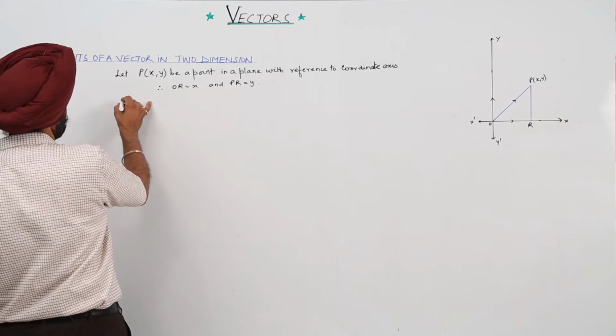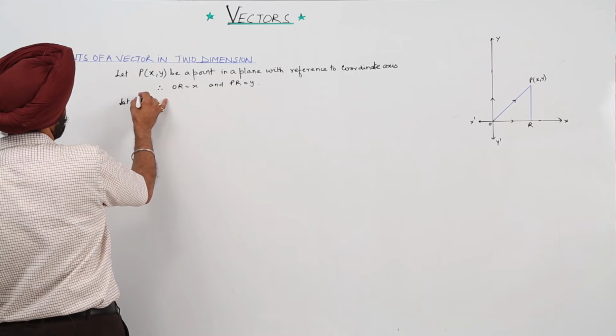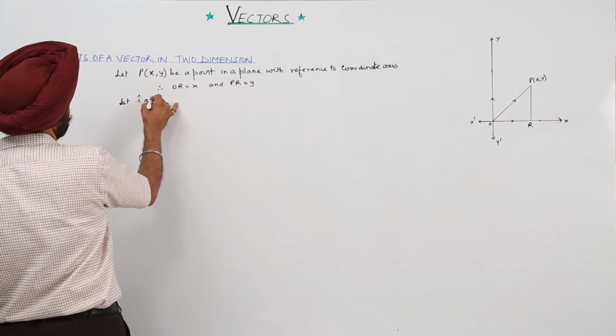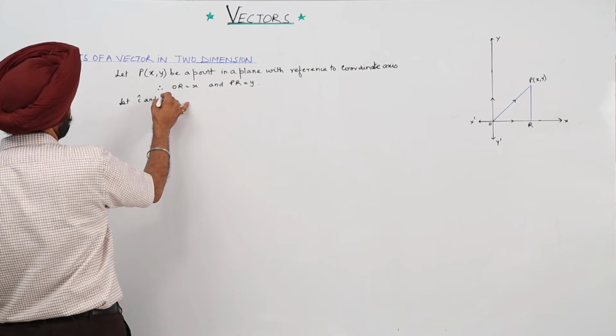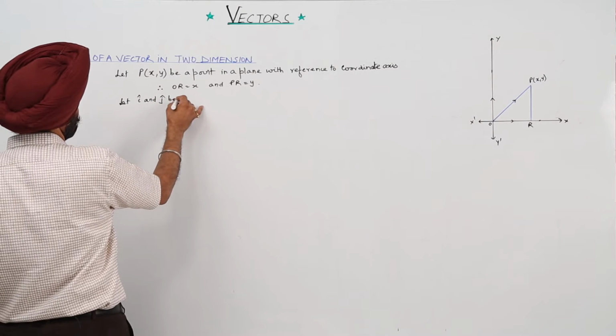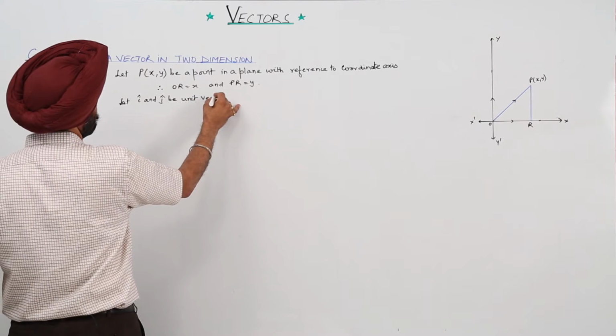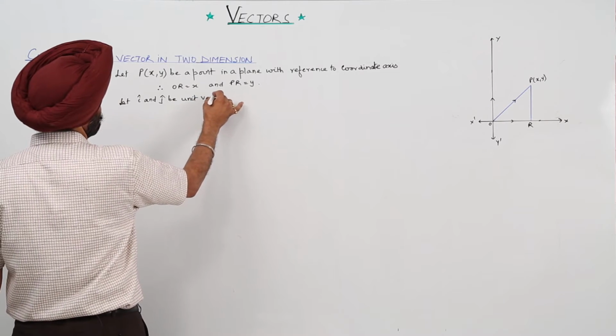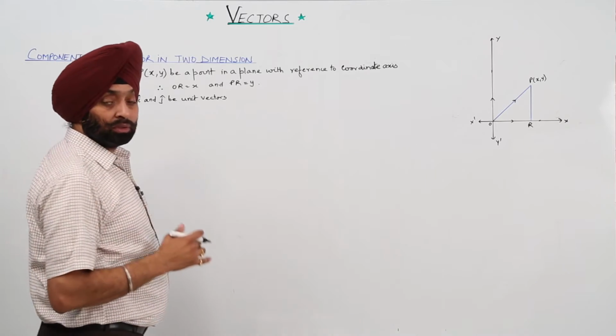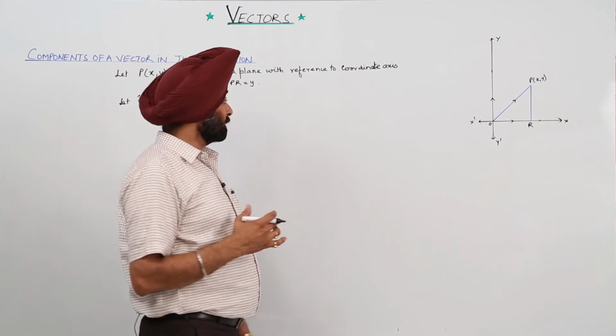Now let i cap and j cap be unit vectors. We have already gone through i cap and j cap in the definition part.